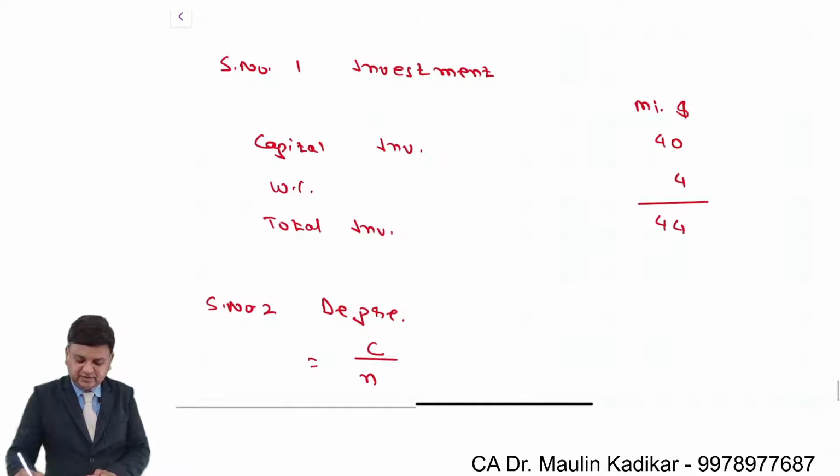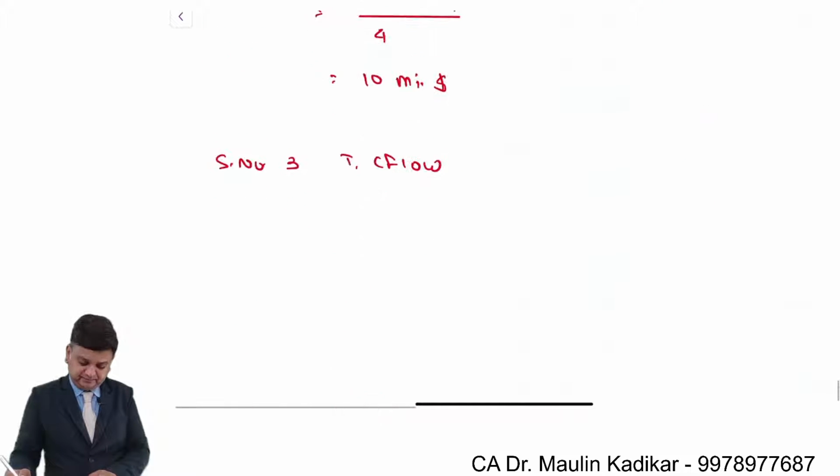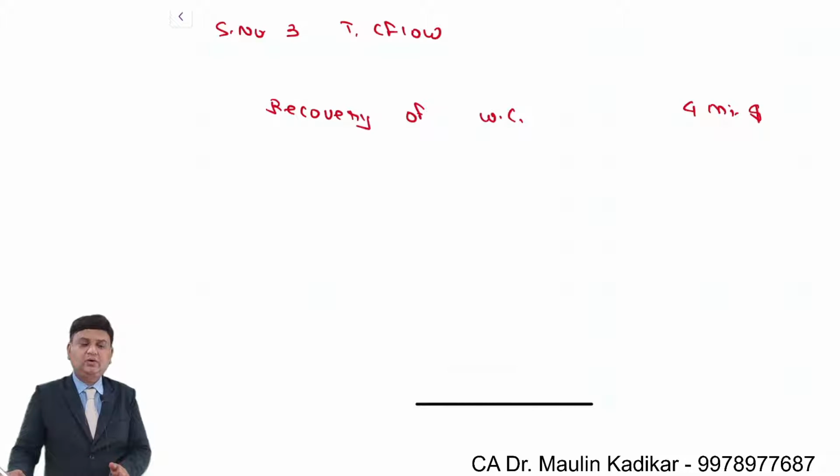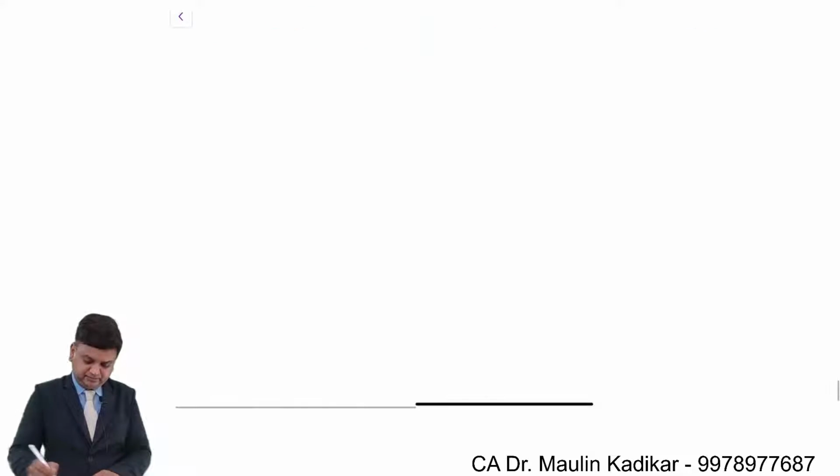In that we will have the recovery of working capital, $4 million. There is no capital gain or loss on sale of the asset. Further, there is no sale value of the asset. So only working capital recovery is cash inflow.